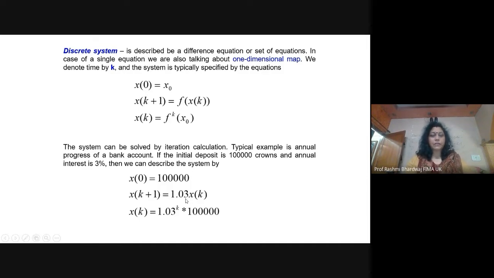So xk is 1.03 to the power k times x naught, depending on how many years you take. After 2 years the amount is 1.03 squared times the 1 lakh amount. That gives you the amount which the customer has to pay after 2 years.